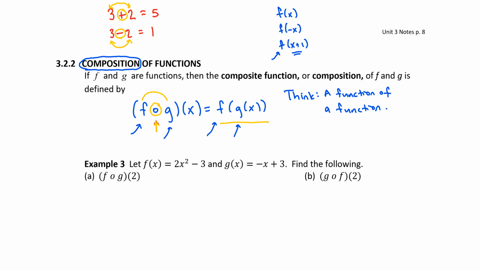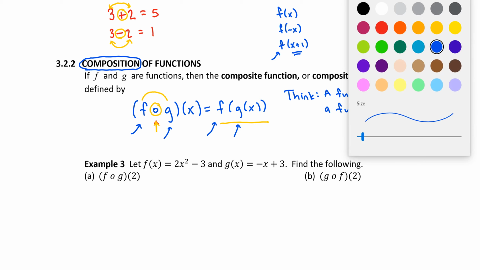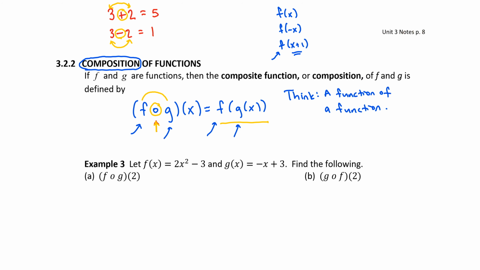We need to carefully preserve that order, in the same way that we have to watch the order on certain operations. Again, if I look at 3 plus 2 equals 5 and I switch the order, 2 plus 3, do I get the same thing? Absolutely. What if I switch the order with subtraction? Do I get the same thing I did with 3 minus 2? No, we do not.